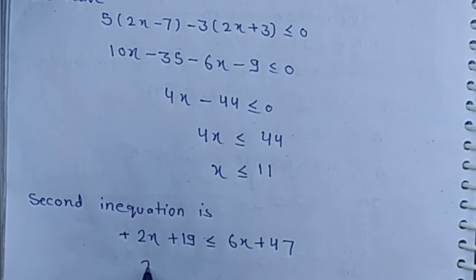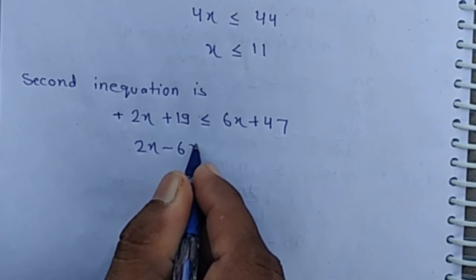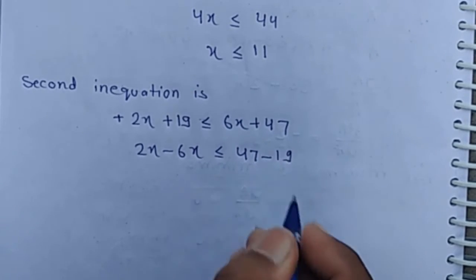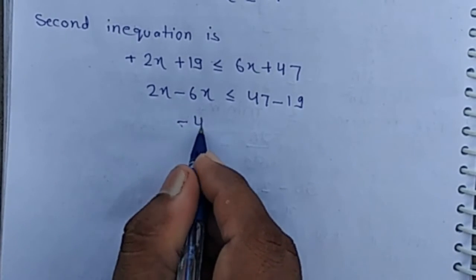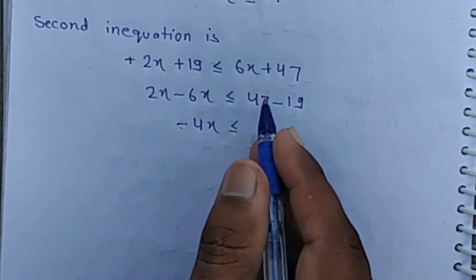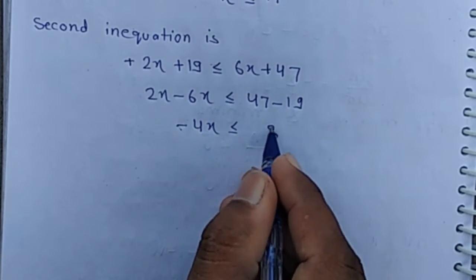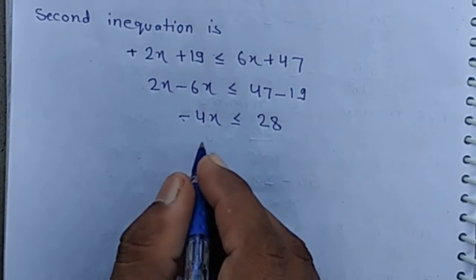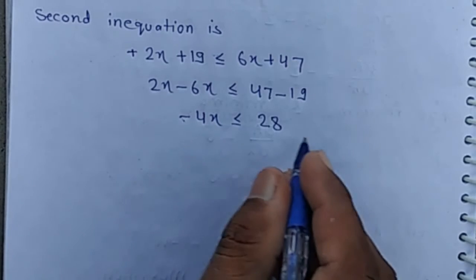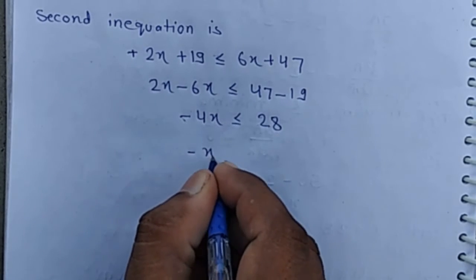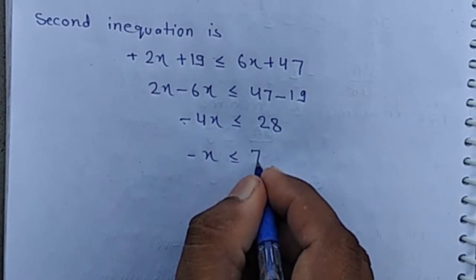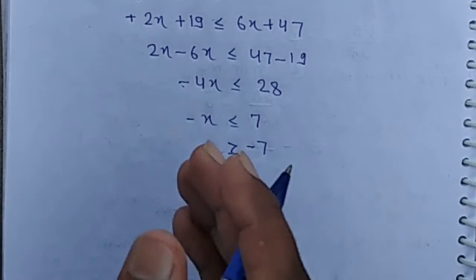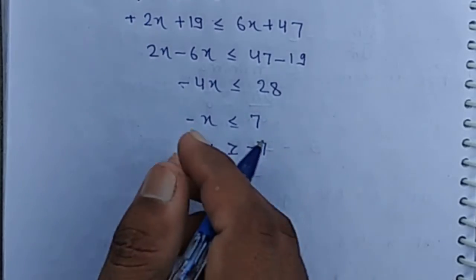Now we have 2x minus 6x less than or equal to 47 minus 19. Then minus 4x is less than or equal to 28. Then multiply by minus 1: x is greater than or equal to minus 7, that is, minus x is less than or equal to 7, then x is less than or equal to minus 7 multiplied by minus 1.